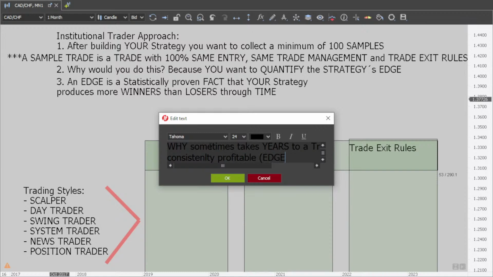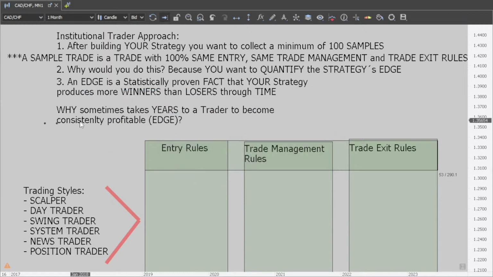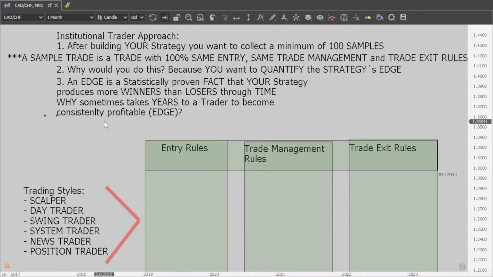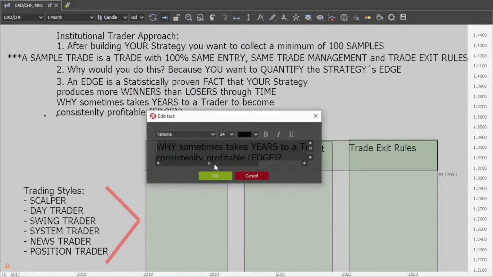We are talking about the edge, because every single time we change a strategy parameter, we are changing the edge, so we go back to square zero.